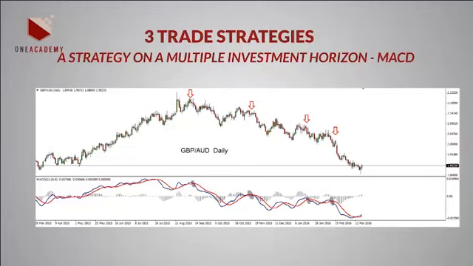Note that the signal line is a moving average, which is given by any trading software, usually a 9-period moving average.